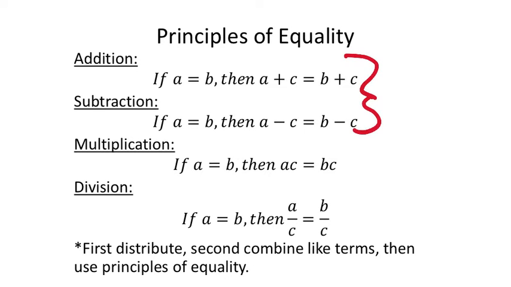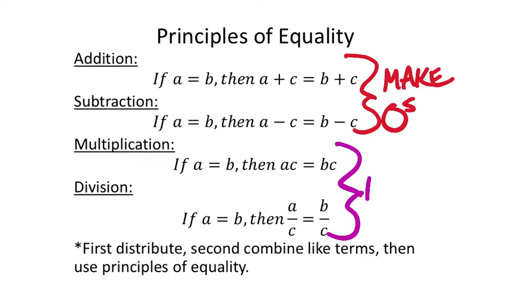Addition and subtraction principles of equality we use to make zeros. And then multiplication and division principles of equality we use to make ones. Now, we don't just do this randomly to make ones, we're actually targeting the coefficient, which just like we saw in the bell work, a coefficient is the number that's being multiplied by the letter.